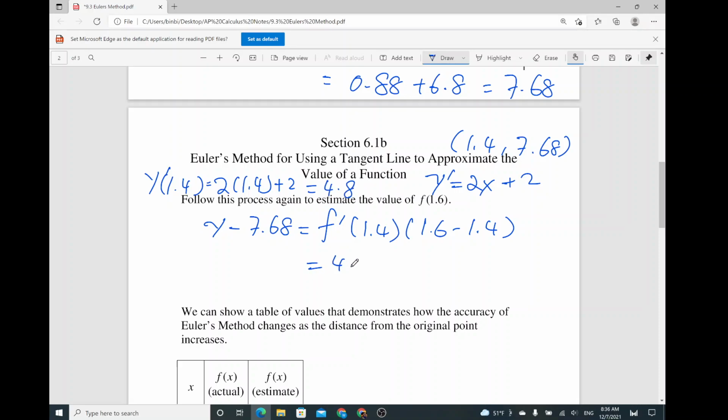So plug in the numbers, 4.8 times 0.2, and then plus 7.68. 4.8 times 0.2 is 0.96, plus 7.68. So this will give you 8.64.